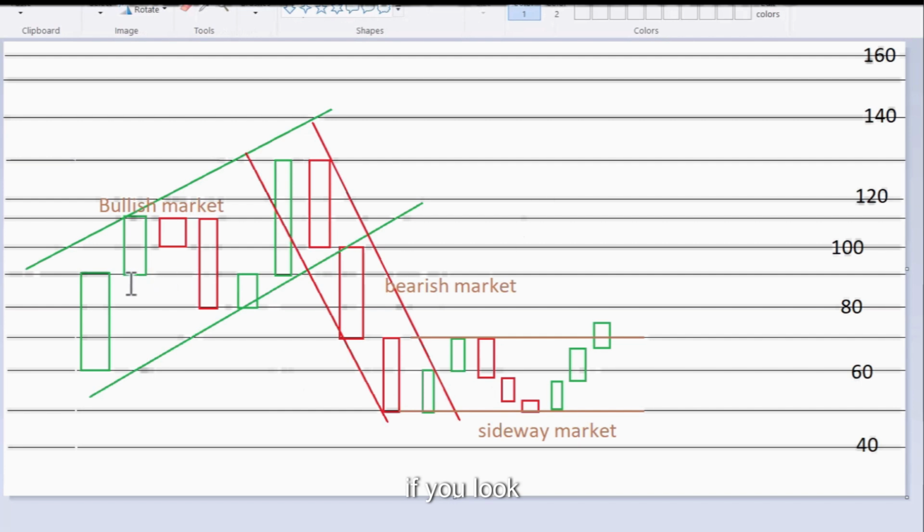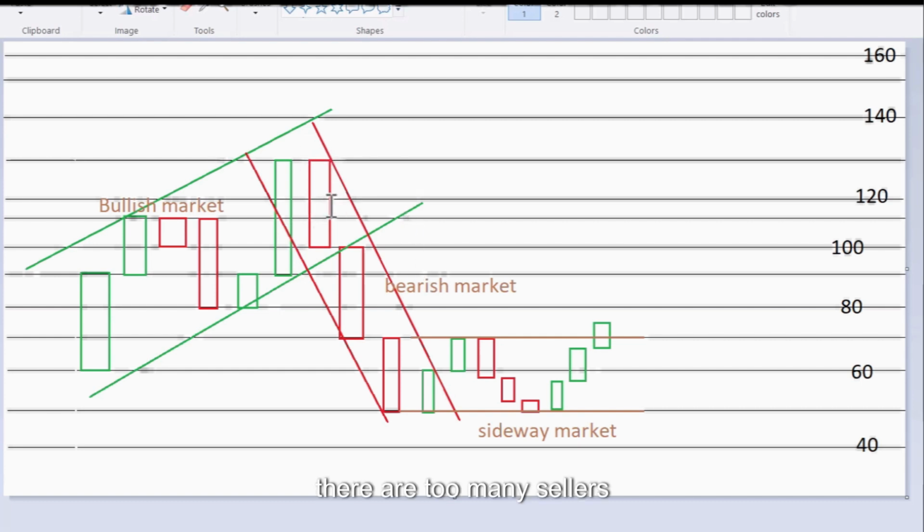If you look at a bullish market, you will see that the size of buying candles, or bullish candles, or green candles is larger, because there are more buyer candles. It is now a bullish market. The opposite goes for a bearish market.